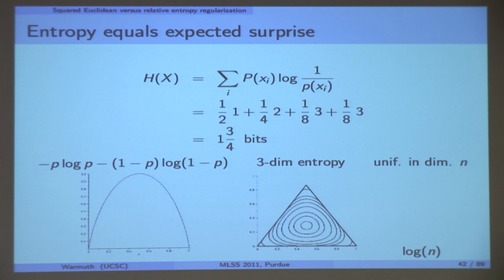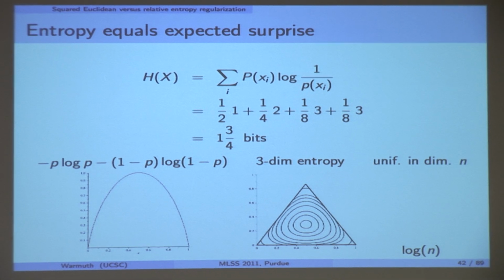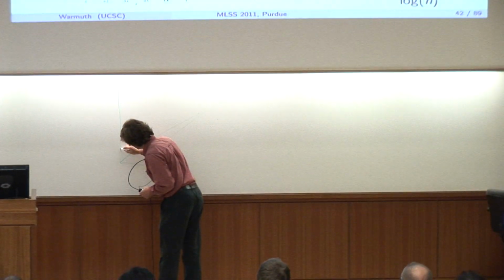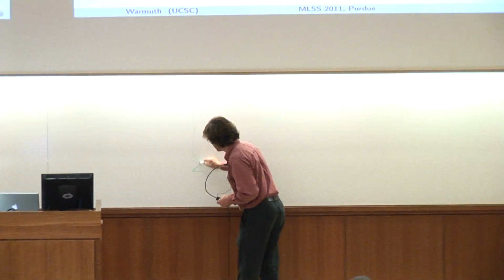So now I'm going to plot these things on the simplex. What is this object? I'm in 3 dimensions. I have 3 things. Here I had 2 things, p and 1 minus p. Now I have 3 probabilities. Since I constrain things to sum to 1 and be non-negative, there's this little triangle.